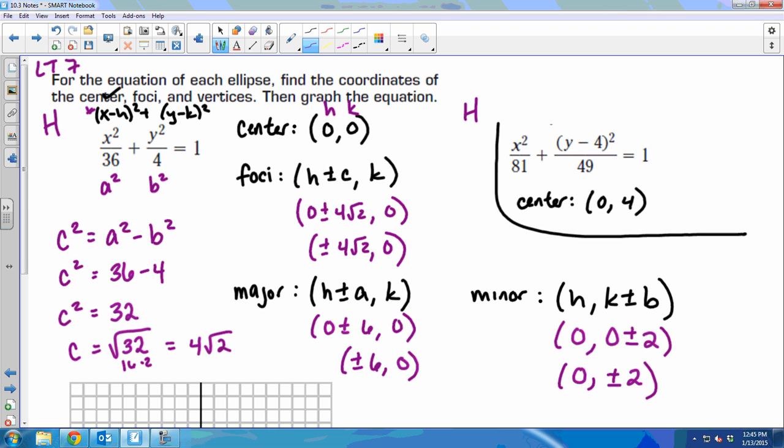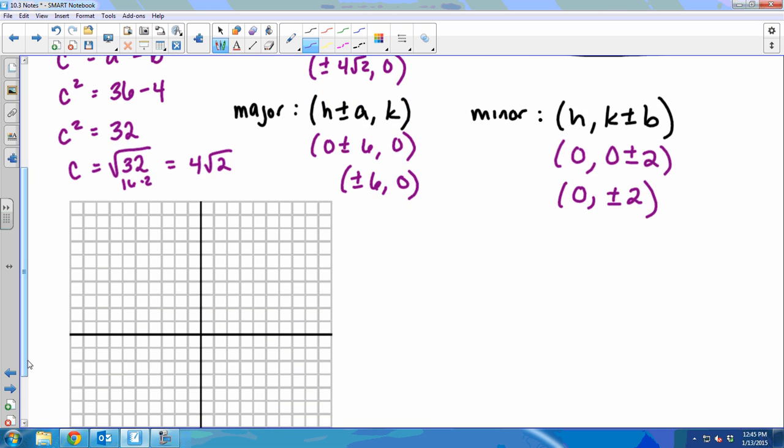Yes? Good? So we found the center, the foci, and the vertices, and so it says then graph the equation. So our center is at 0, 0. You don't have to graph the foci because they're not actually on the ellipse. If you want to include them, you can, but they're not actually on the ellipse. I've got the major axis vertices at positive 6, 0 and negative 6, 0.